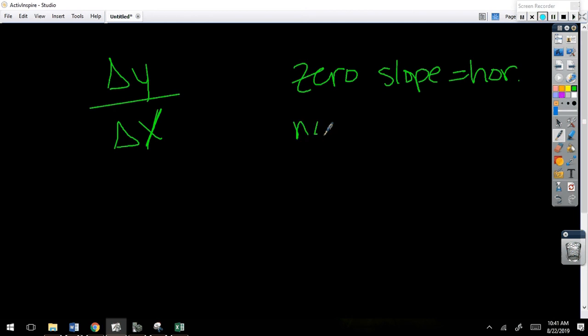And then no slope. A slope of 0 is no change, that's a horizontal line, but what about a no slope line? Why does a vertical line have no slope?